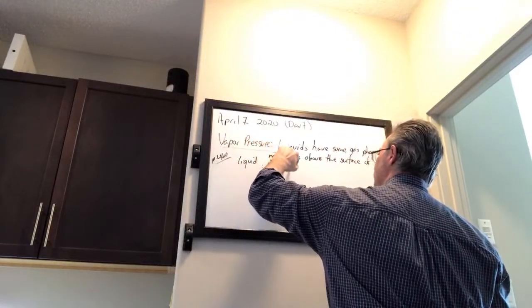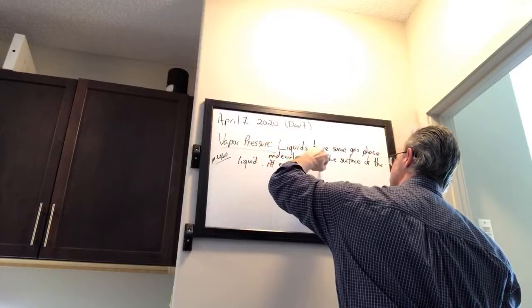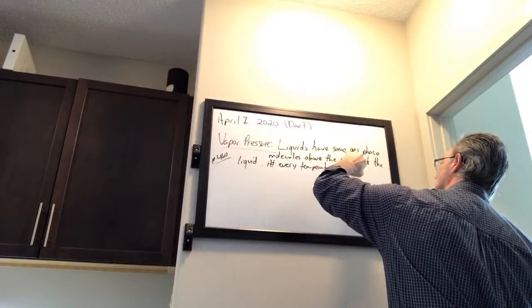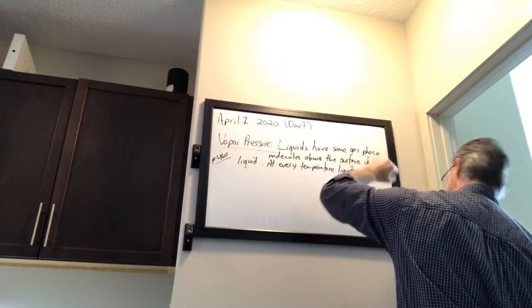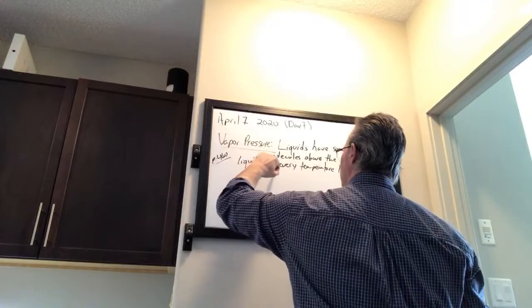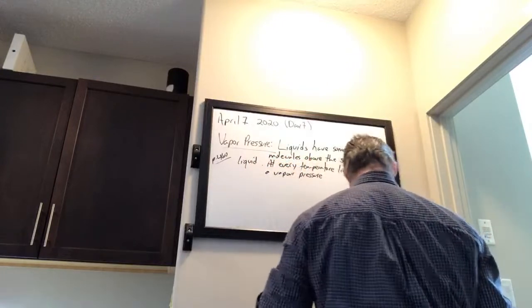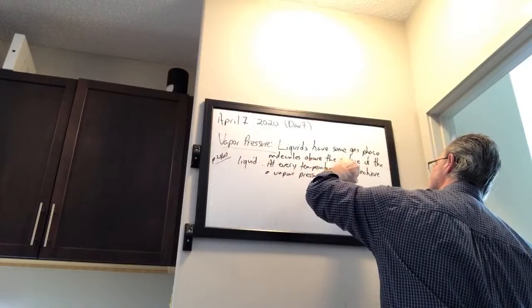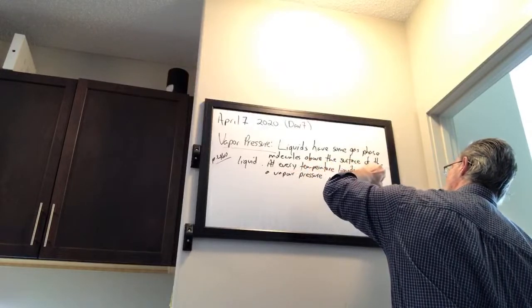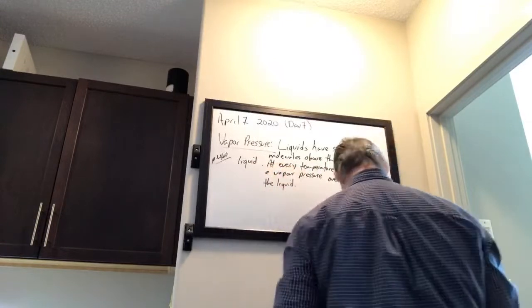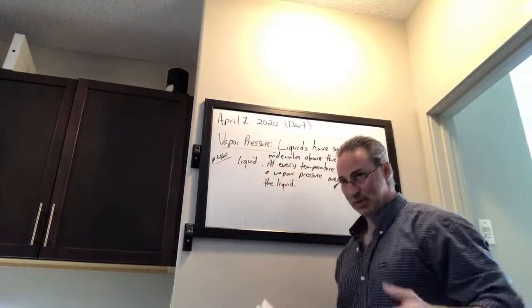At every temperature, liquids achieve a vapor pressure over the surface of the liquid. And of course, each liquid has its own vapor pressure. Liquids that are more volatile have a higher vapor pressure.